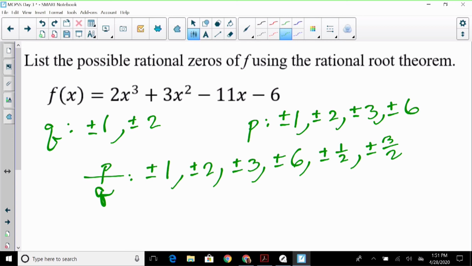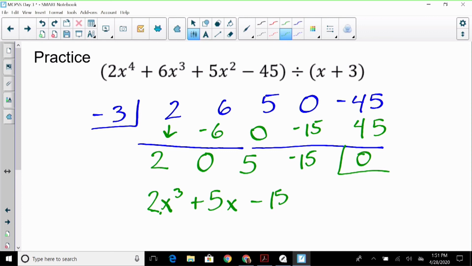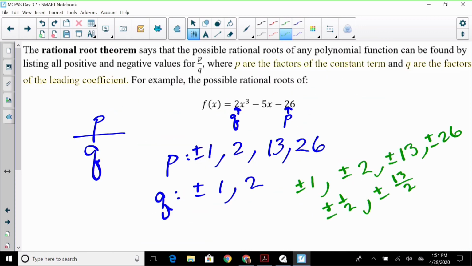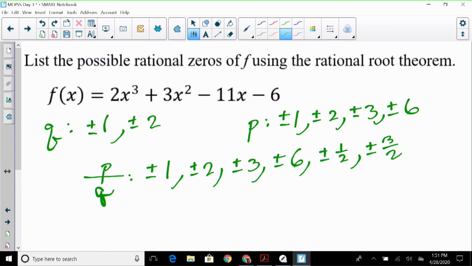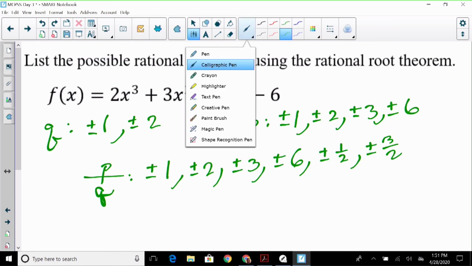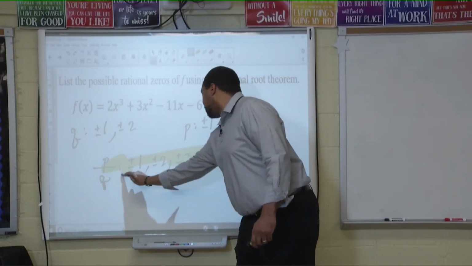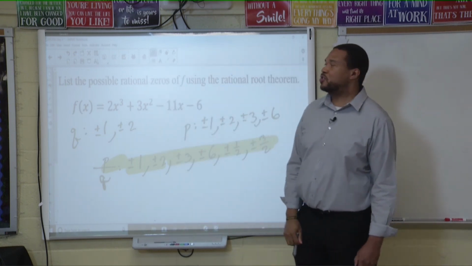So now, to determine the zeros, we go back to having a zero as a remainder. We had a lot of examples of having zeros as remainders, to find all the zeros of this function. Now, here are our possible rational roots.